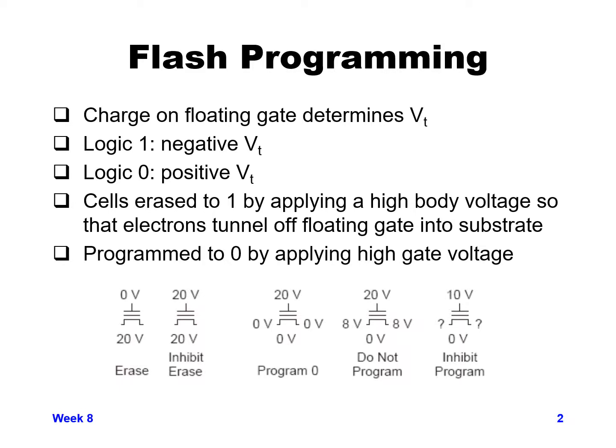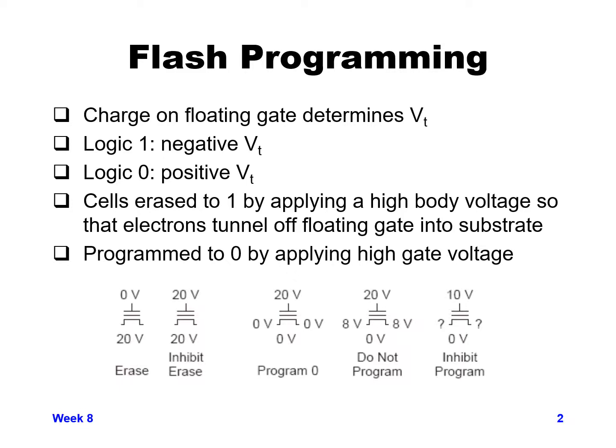If you want a logic value of 1, you can put a negative VT on the transistor, and for a logic value of 0, you put a positive VT that's more positive than your normal operating voltage. And so the transistor effectively won't turn on.